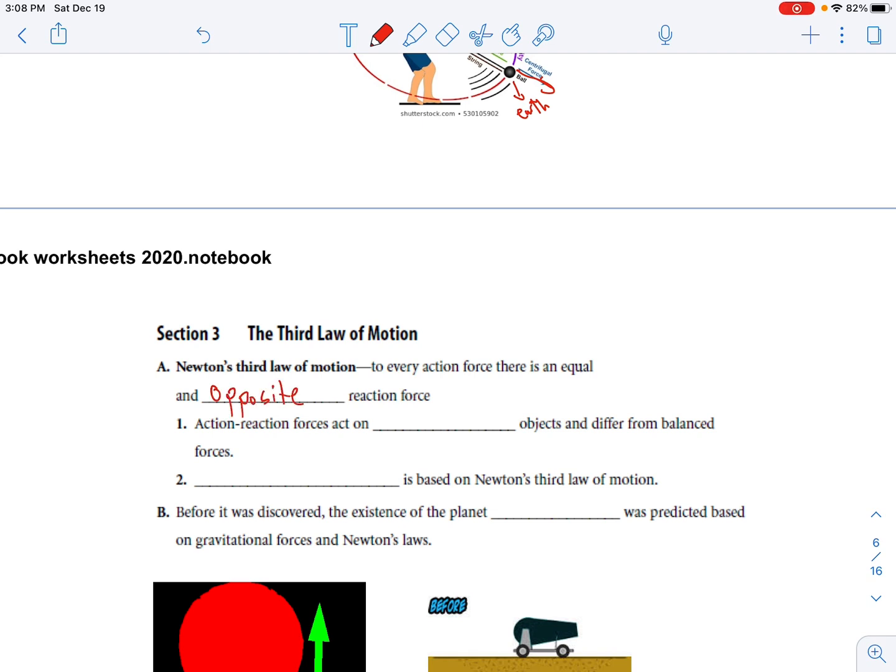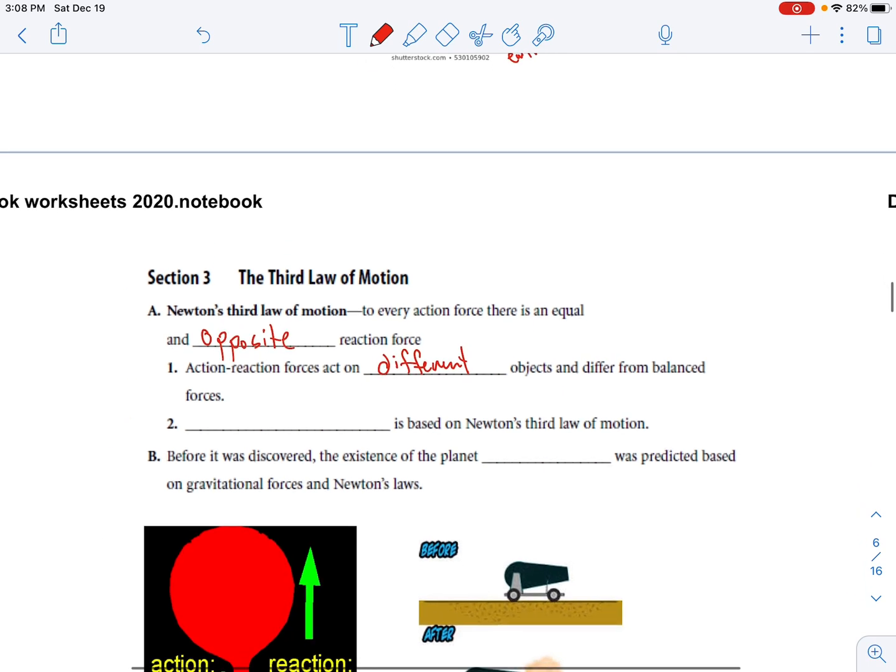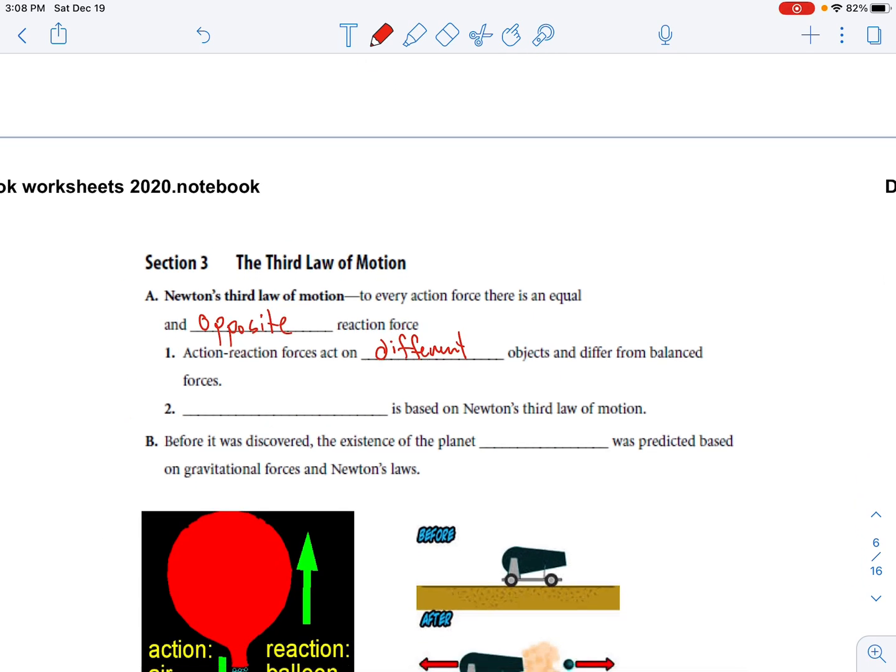Action-reaction forces are going to act on different objects, and I'll show you examples of that with the pictures. One of the best examples is rockets. Rockets that go up into space are a really good example of Newton's third law of motion.